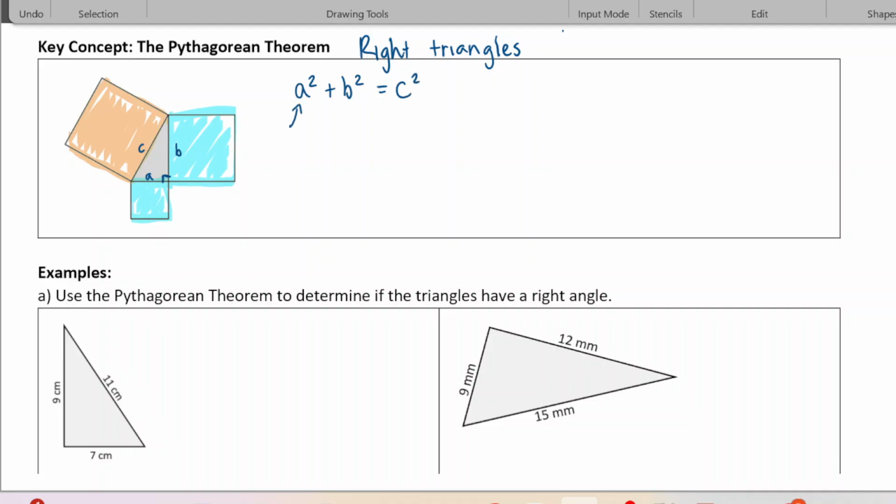A and B are often called the legs of the triangle, and side C, the longest side, is called the hypotenuse.